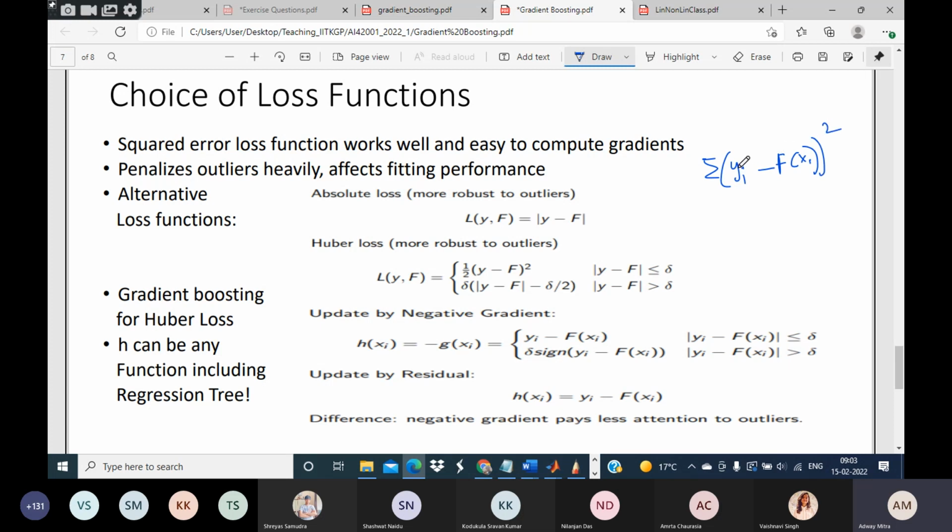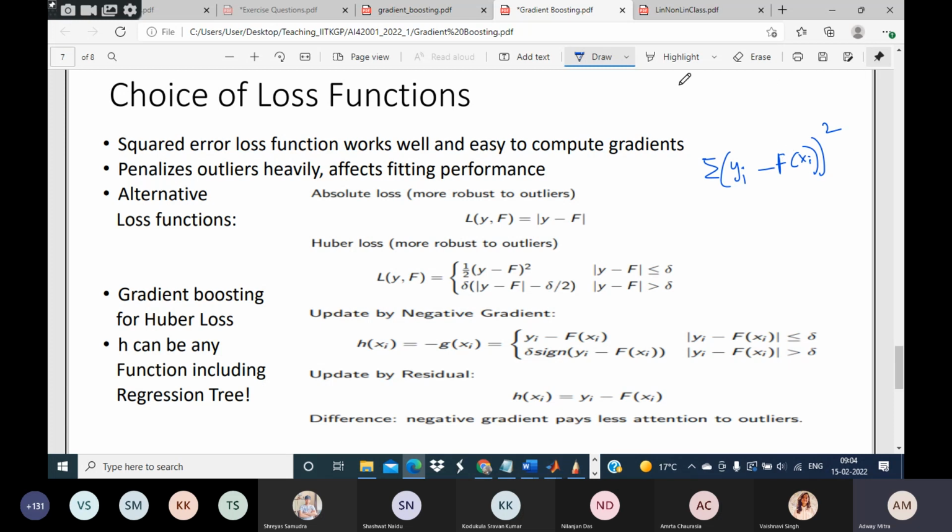Suppose there is an outlier for which the true value of y_i is going to be very different from what you are going to predict. Outliers are points for which the label is very different from what it is supposed to be on the basis of the normal points.